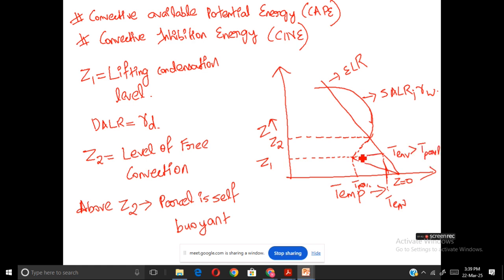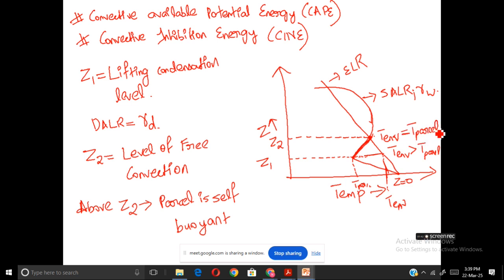Now what is happening at Z2 or LFC? At Z2 or LFC, the profile of the parcel is coinciding with the environmental profile here, right? So at Z2, T environment equals T parcel.